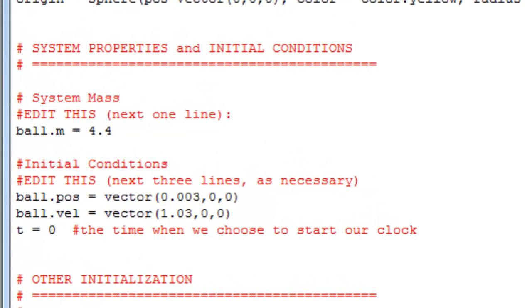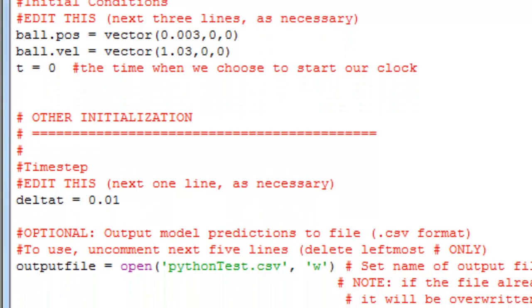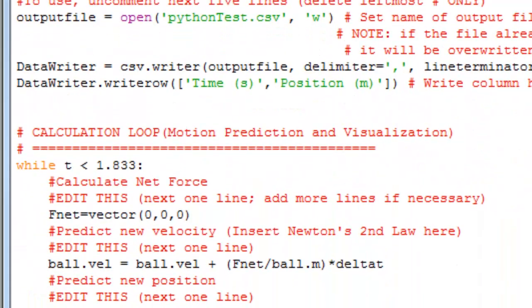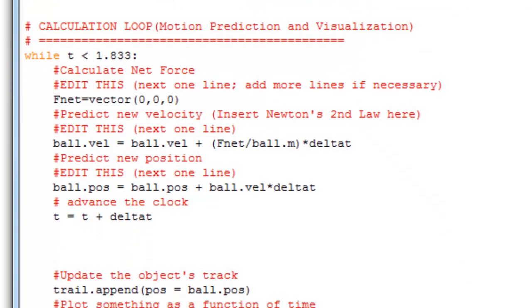Our car's mass is 4.4 kilograms, our car position 0.003, our car velocity 1.03, our delta t 0.01, our last observational time 1.833.